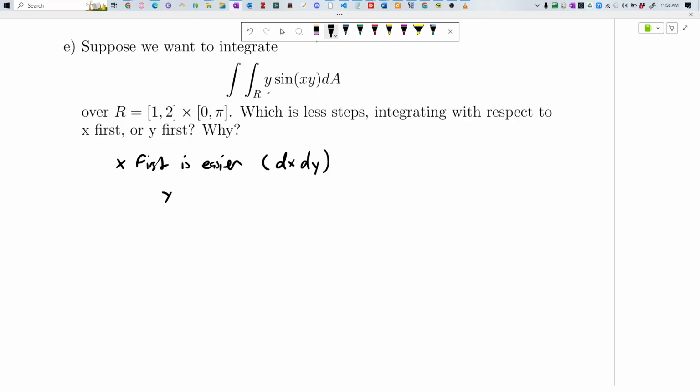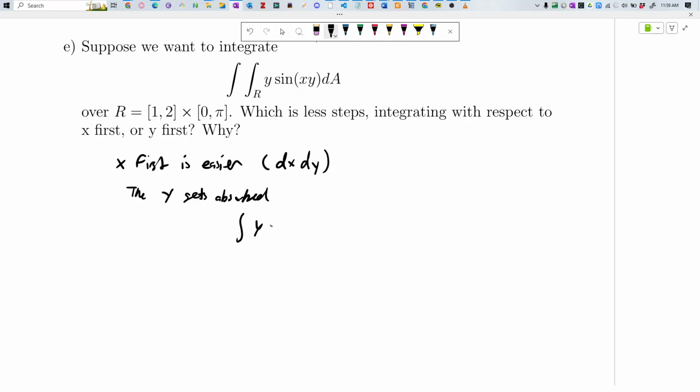So the problem actually doesn't ask us to do the integration, so perhaps it would make sense to not actually compute the integral itself, but just to phrase what happens. So the y gets absorbed.